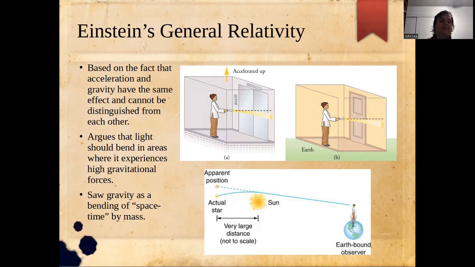But if we do the calculations, then we are able to tell that this is something that occurs. Gravity isn't just an interaction between two objects with mass, because light doesn't have mass. It's an actual bending of the fabric of the universe, which I think is pretty interesting and pretty cool, even if it is something that you really have to think about in order to understand.